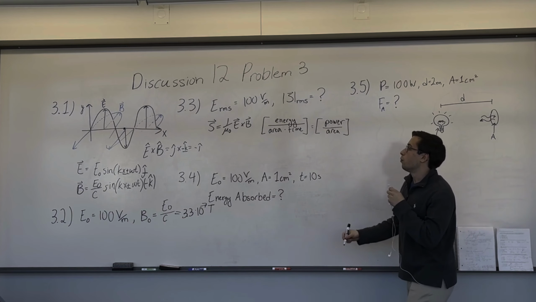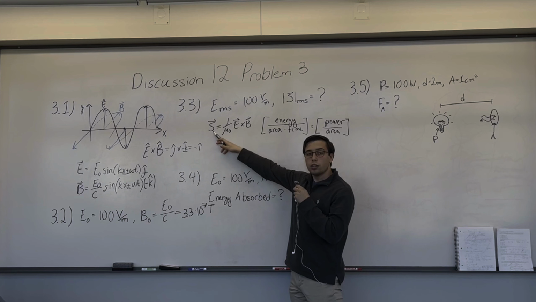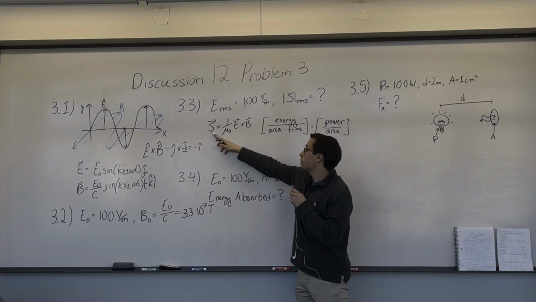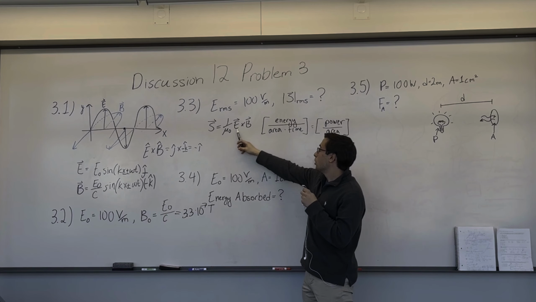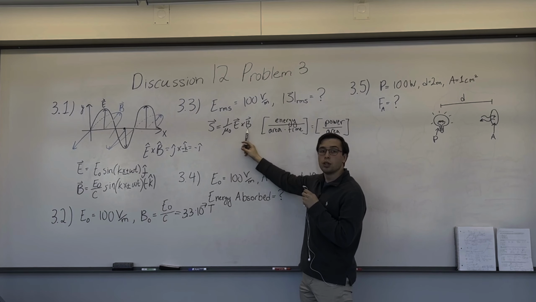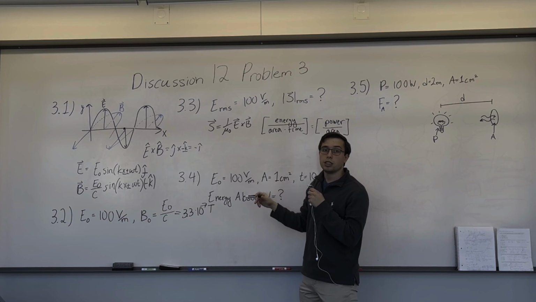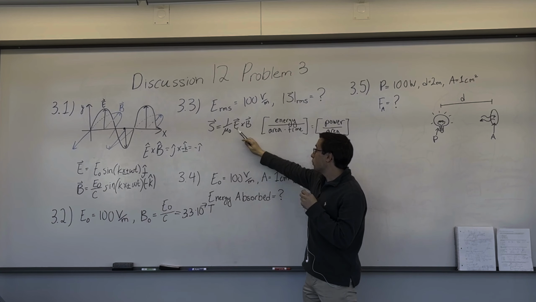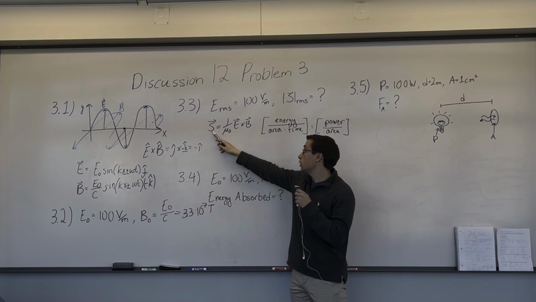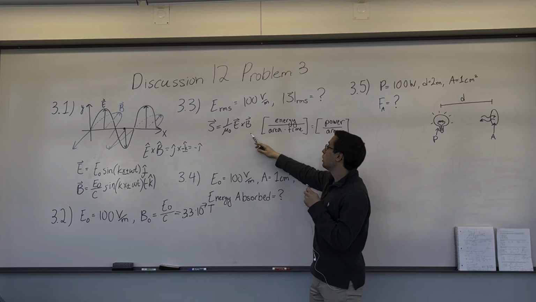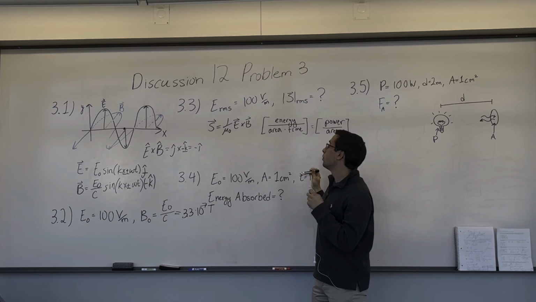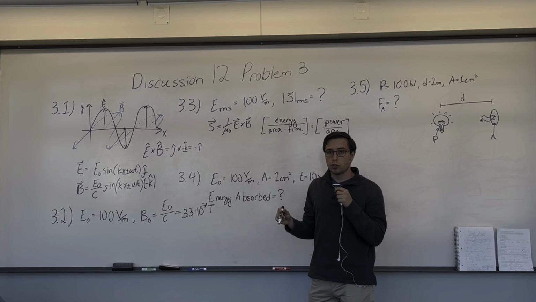Now, if we look at this expression for S vector, the Poynting vector, it's the cross product of our electric and magnetic fields. Both of these oscillate in time, and so unsurprisingly, this S vector is also going to oscillate in time. But we're not interested in those oscillations.